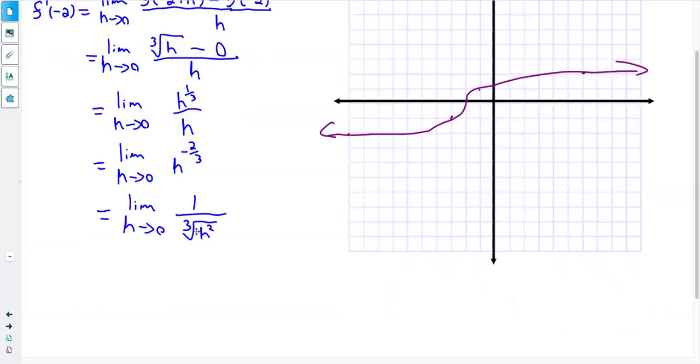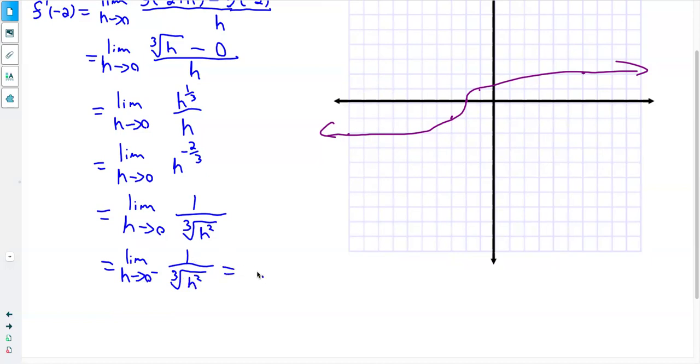Okay, so we'll look at approaching 0 from both sides. We've got our limit as h goes to 0 from the negative side of 1 over the cube root of h squared. If we're approaching 0 from the negative side, we're going to have a negative value that's very small. But when we square it, it's going to make it positive so that when we take the cube root, we also get positive. So we have 1 divided by something very, very small.